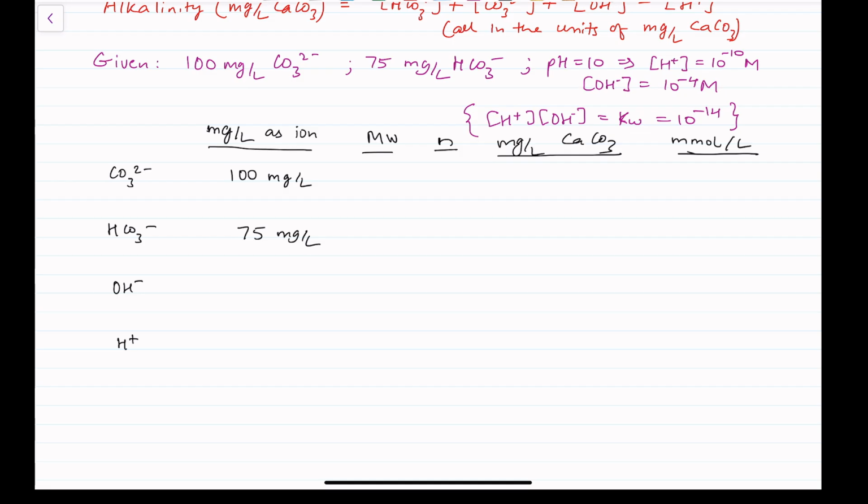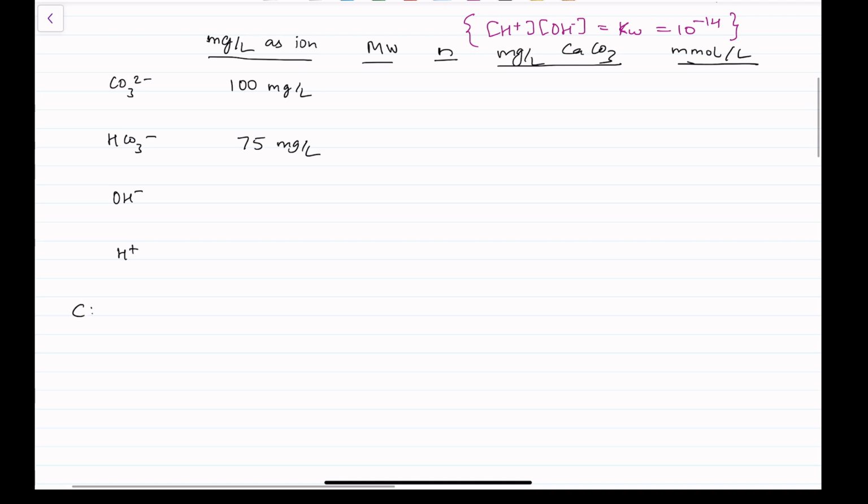And molecular weight for CO3 minus: carbon is 12, oxygen is 16, hydrogen is 1, so the molecular weight for CO3 minus would be 12 plus 3 times 16, which would be 60.